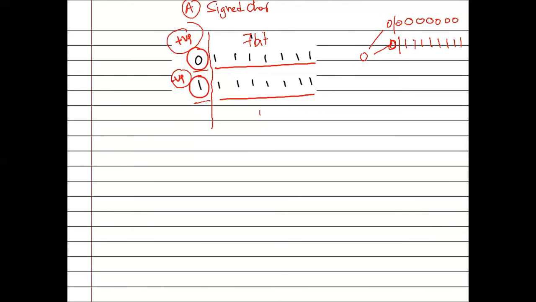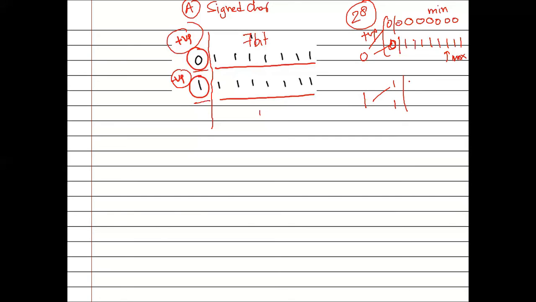Okay, it means the total number of possibilities has been divided into two parts. This is for positive numbers. In case of negative, we have two possibilities. One bit is always fixed. In case of max and minimum, this is the max limit, this is the minimum limit.